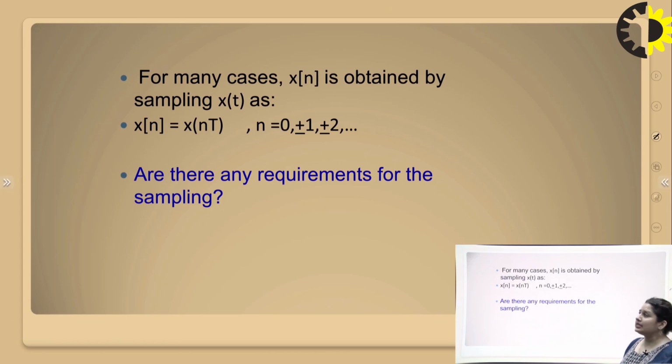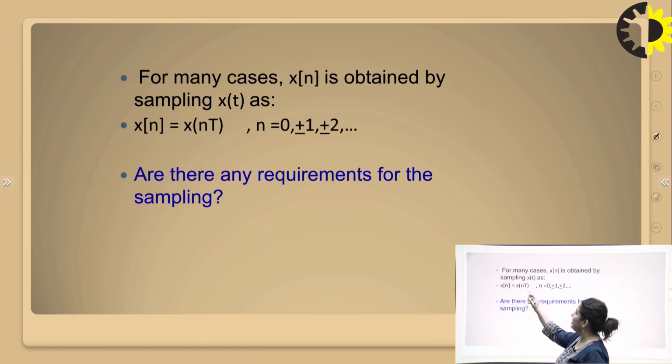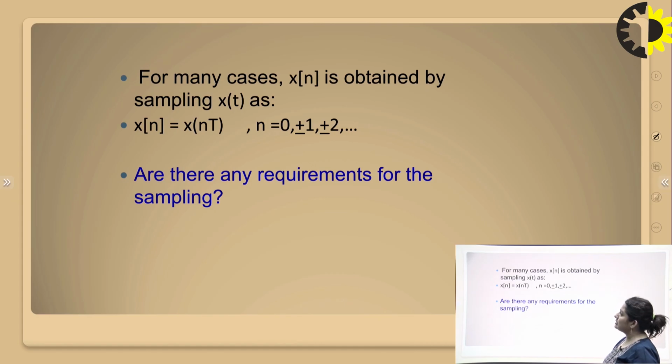So in many cases, x[n] is obtained by sampling x(t). There is a process which is called sampling. We can sample a continuous time signal to obtain our discrete time signal with this formula, that is x[n] is equivalent to x(nT), where n equals 0, plus minus 1, plus minus 2.